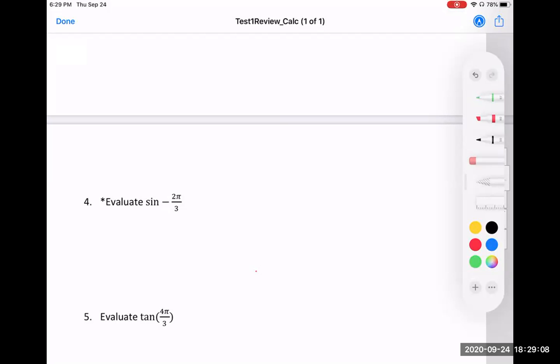All right, so 2 pi over 3 is one quadrant and then one dot, right? So we're going one quadrant and then 30 degrees. So that gives us negative 2 pi over 3.